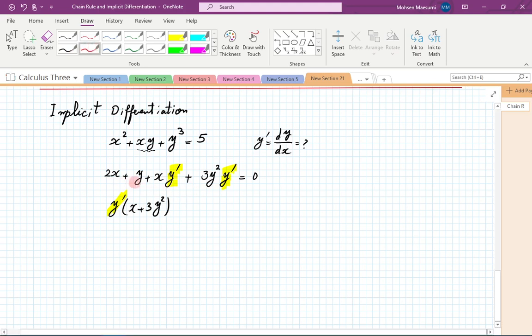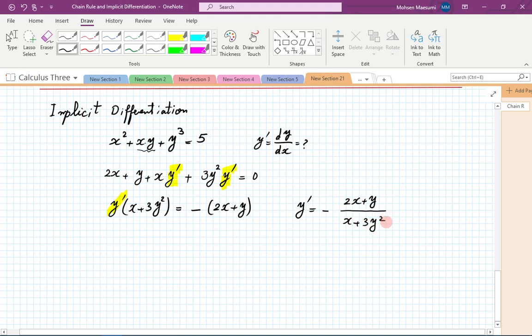Now these other terms go to the right hand side, so I'll have minus all of this, 2x plus y. So easily y prime is obtained: minus 2x plus y over x plus 3y squared.